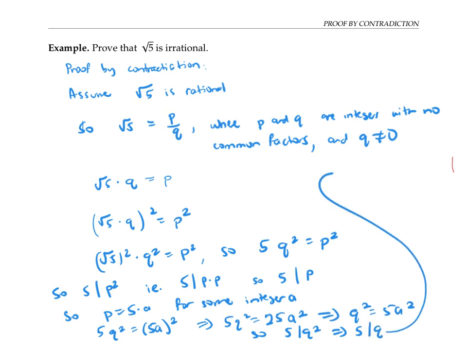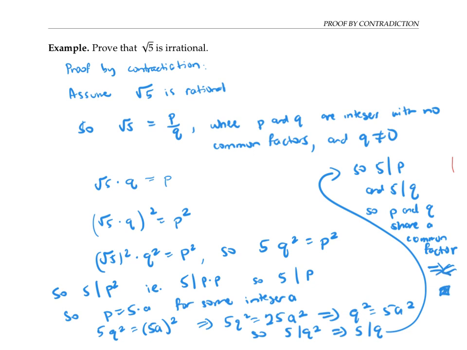But now we know that 5 divides p and 5 divides q, so p and q share a common factor of 5. This contradicts the fact that p and q are integers with no common factors. We have our contradiction, which I'll write with two arrows butting up against each other, and this completes the proof.